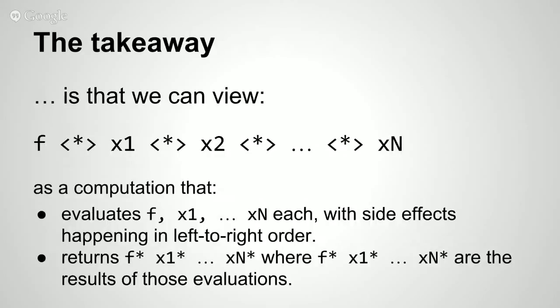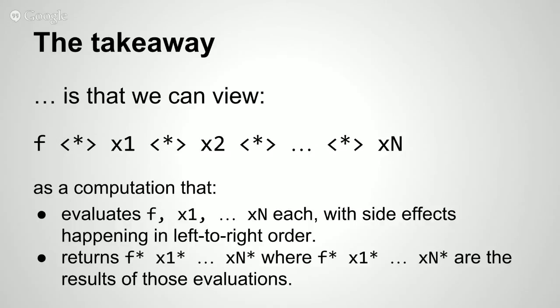So the takeaway is that we can view an expression like this, where we have this chain of apps, f app x1, app x2, and so on, as a computation that first evaluates each of those elements with the side effects happening in left to right order.